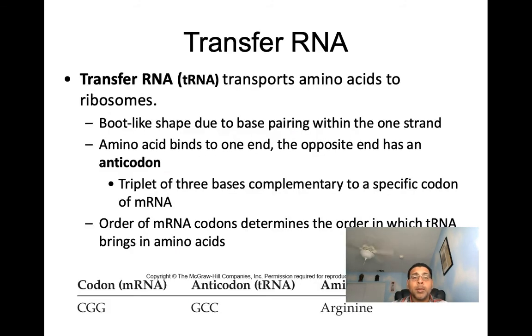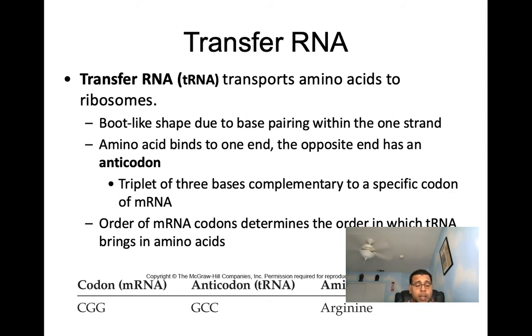So next then let's talk about transfer RNA, tRNA. tRNA is going to be important because tRNA is going to transport amino acids to the ribosome where protein synthesis is taking place.